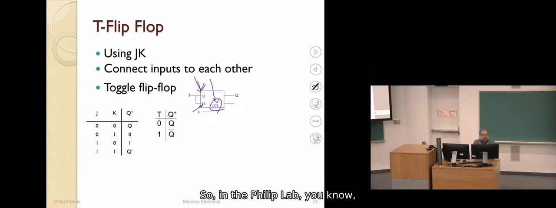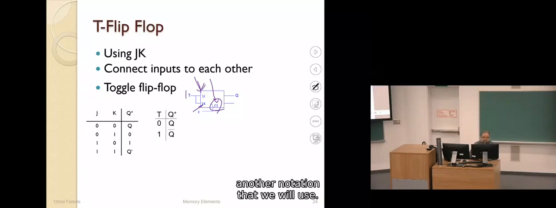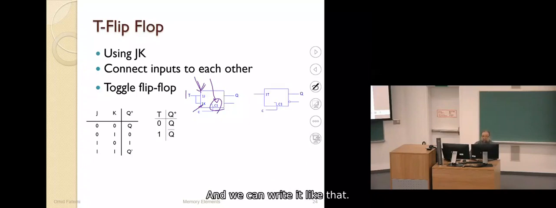In the flip-flop, the clock controls the movement of the data. So the clock is C1, but the inputs are 1J or 1K or 1T, whatever you want. So it is controlling, it is controlled. This was another symbol, another notation that we will use. Okay, and we can write it like that. Any questions?